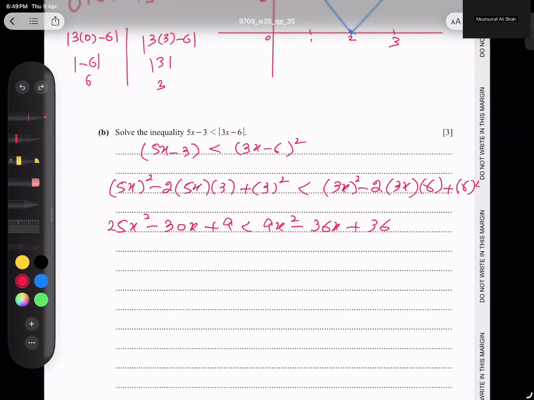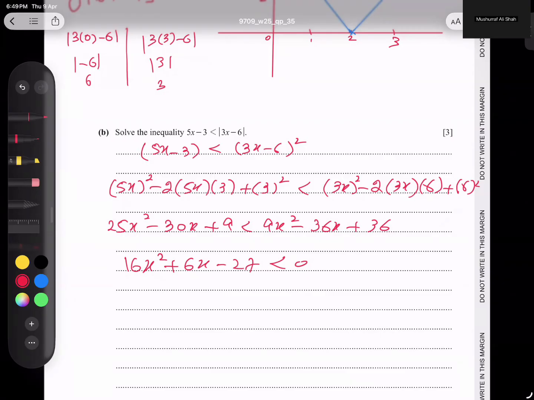It goes to the other side, and I'm getting 25 minus 9, which is 16, so 16x squared and positive 6x. And from 36, when you subtract 9, I get negative 27. Let me recheck once again.